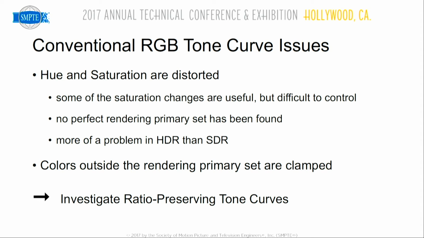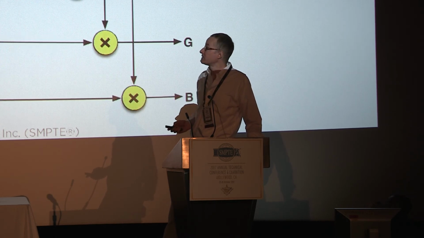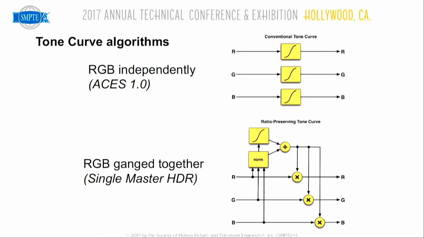And in addition to that, there's also the problem that values outside of the rendering primaries typically get clamped. And so because of all these limitations, we wanted to investigate what are called ratio-preserving tone curves, which provide a way around some of these limitations.